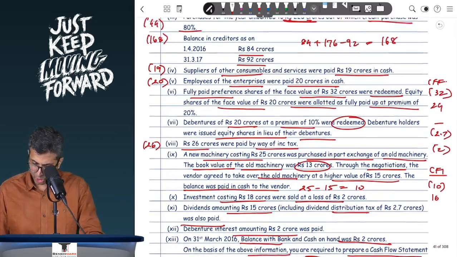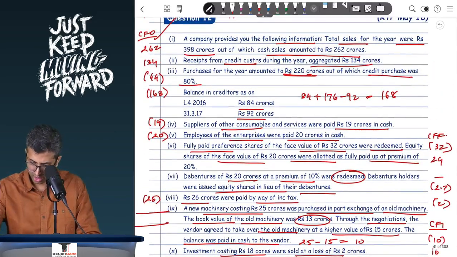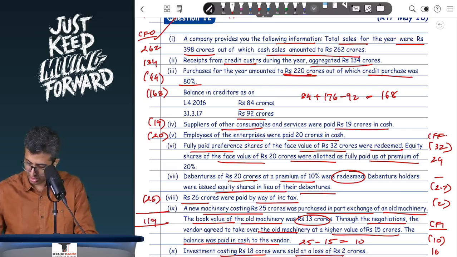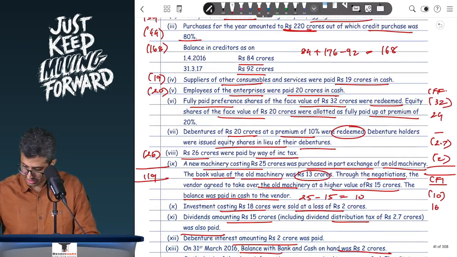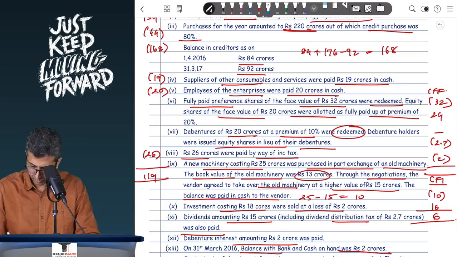2 crores. So over here, if I were to take the CFO, maybe 262 plus 134 minus 44 minus 168 minus 19 minus 20 minus 26, maybe 119. In CFI plus 6, 119 plus 6, and CFF 32 negative 24, 2.7 and 2, maybe 12.7.